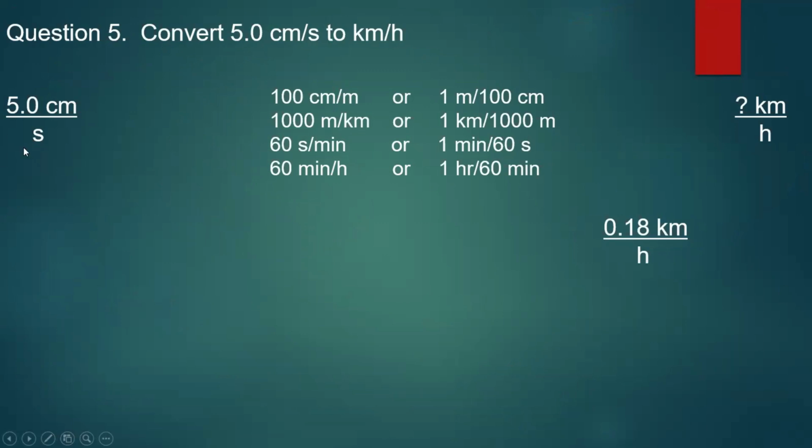So we've got our 5.0 centimeters per second on the left, and we need to figure out how many kilometers per hour we need. So if we brainstorm everything that we know about centimeters and kilometers and seconds and hours, then we know there are 100 centimeters in a meter, or 1 meter is 100 centimeters. 1,000 meters are in a kilometer, or 1 kilometer is 1,000 meters.